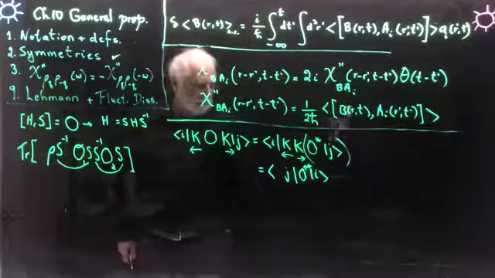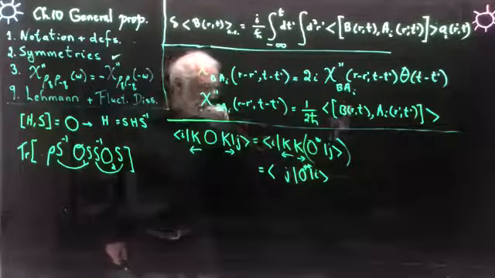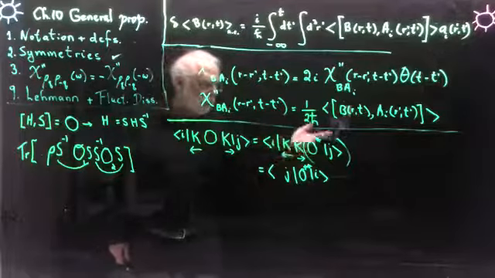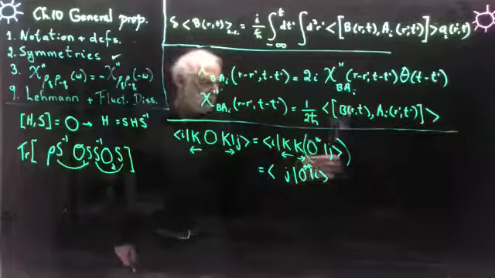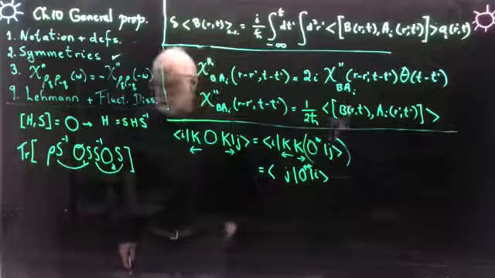Then I just use the definitions of bra and ket and the definition of adjoint. So this is what happens.